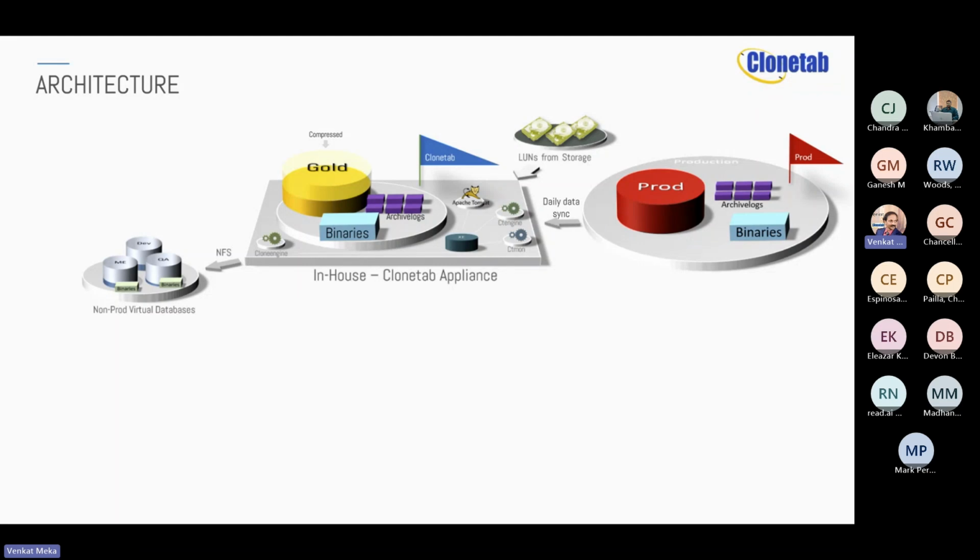Now, assuming you have, say, 3 environments that you need to clone. So you register all the 3 into the Clonetab UI. And after the incrementals are done, Clonetab automatically takes the snapshots. So you can make use of those snapshots and then clone the target environment. Alternatively, you can take an ad hoc snapshot if you want.